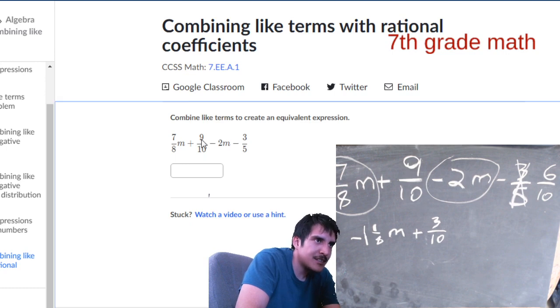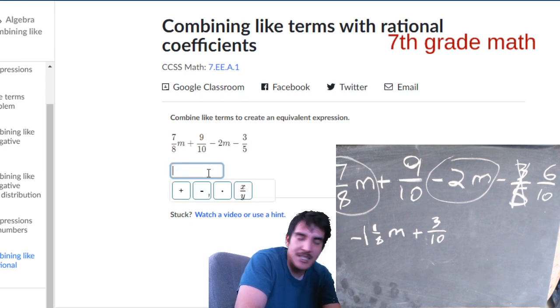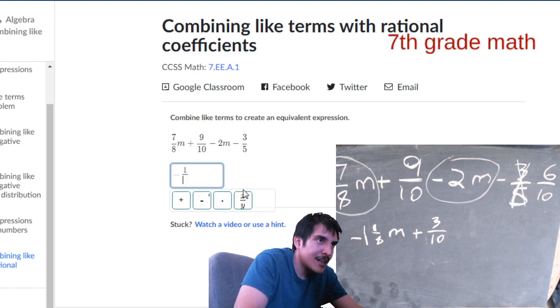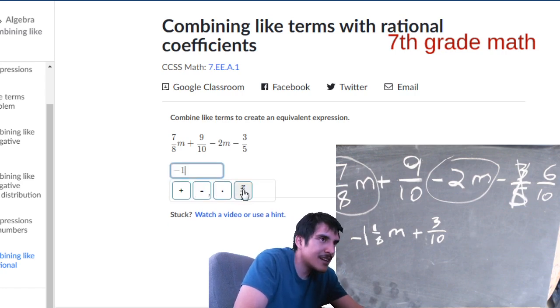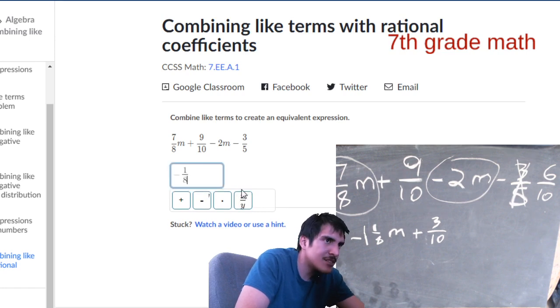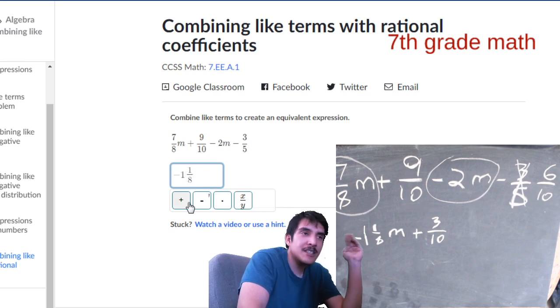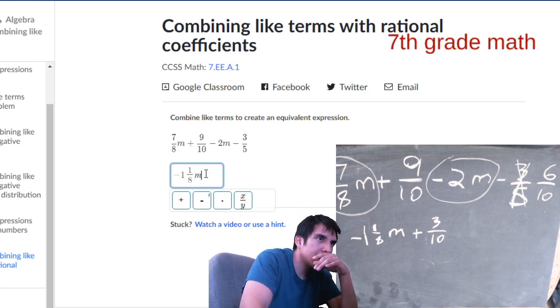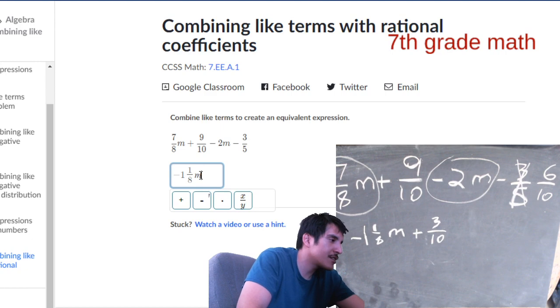So let's see if I can enter this without messing up. All right. Negative 1. Oh, no, that ain't it. Well, is it possible to do this? Hold on. There we go. I just inserted the 1. So negative 1 and 1/8 m plus 3/10.